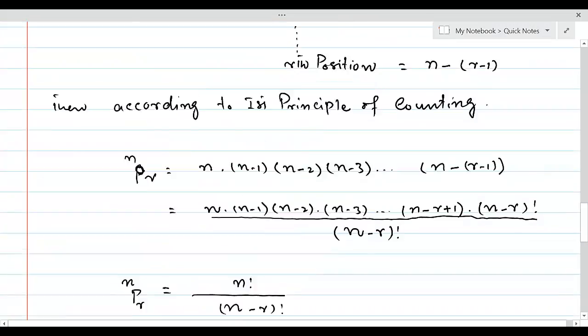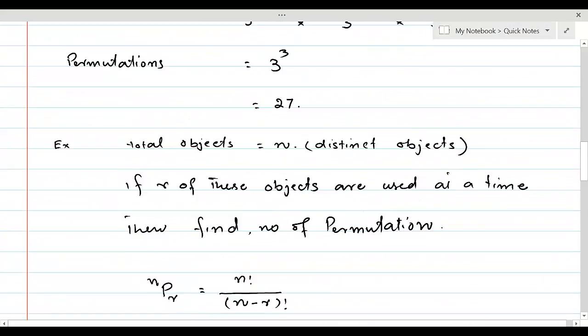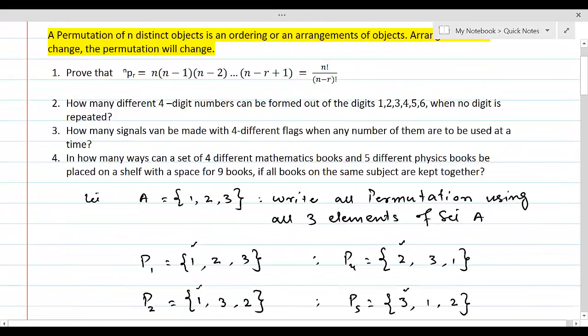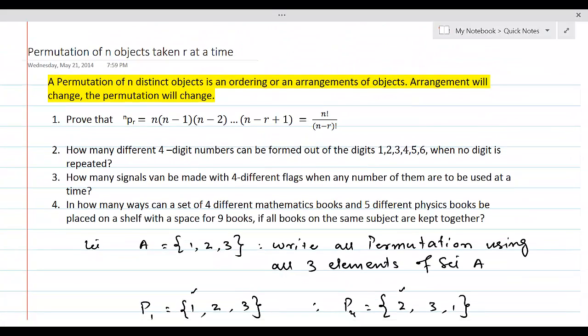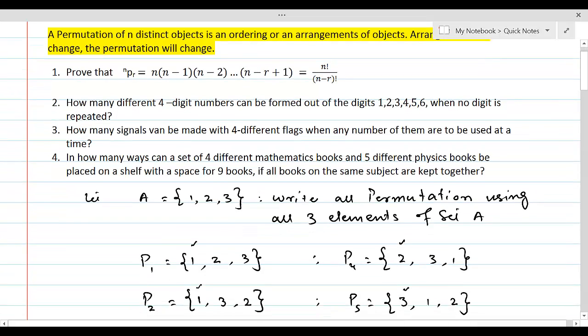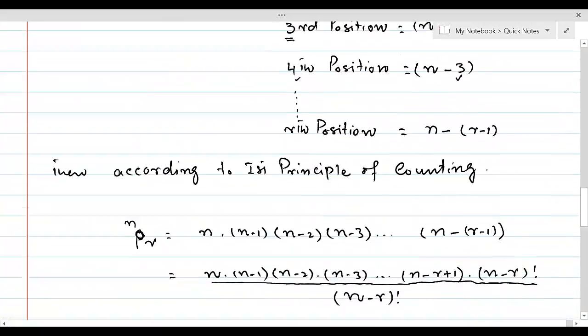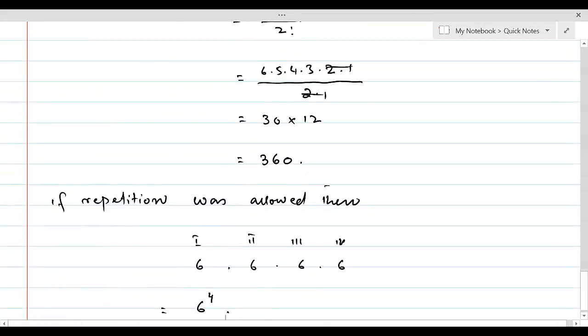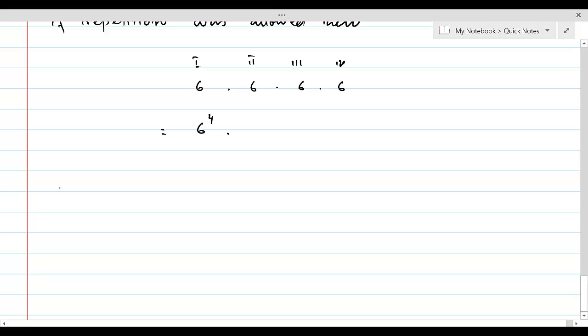And if we take a look at the next question, it asks how many signals can be made with 4 different flags when any number of them are to be used at a time. So if we use only one flag to signal, this is example number 3.